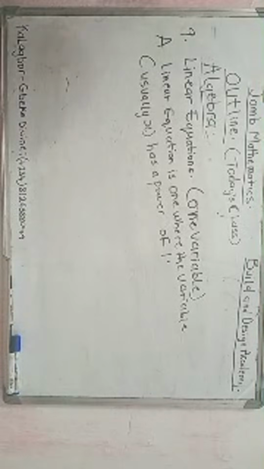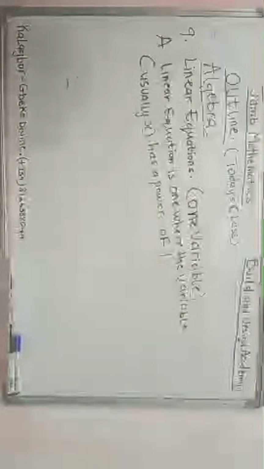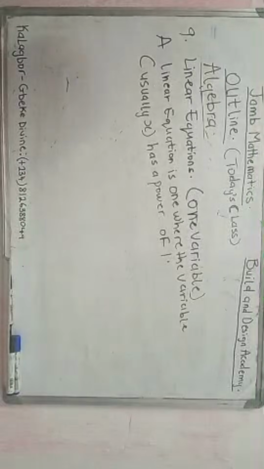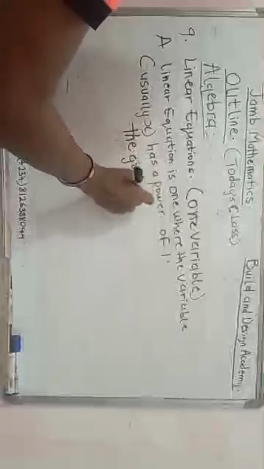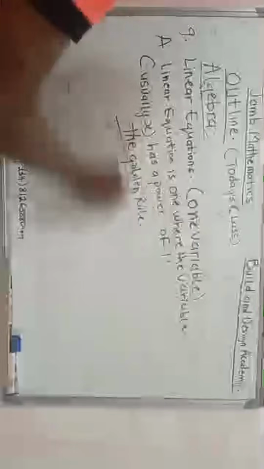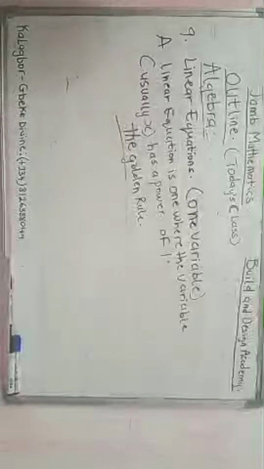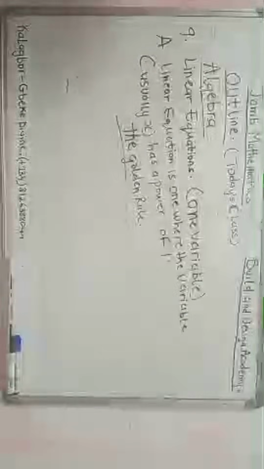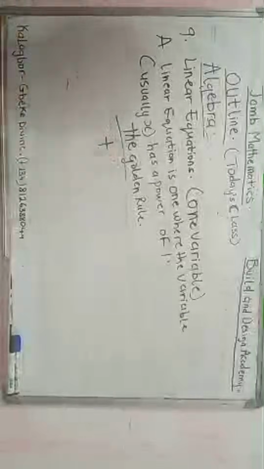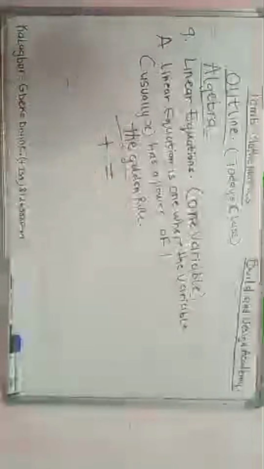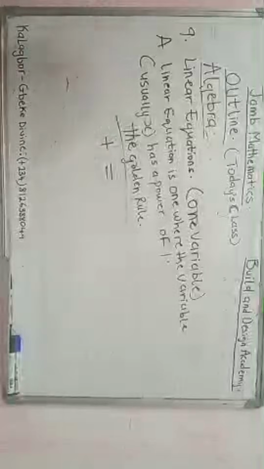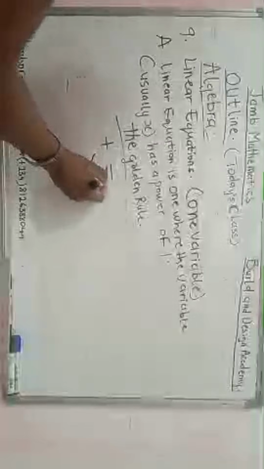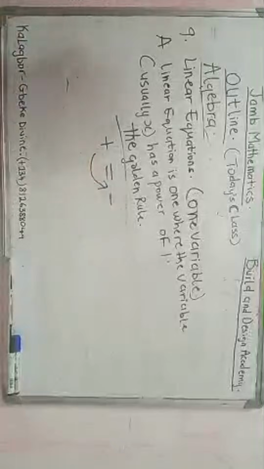Now, the golden rule. Take note. If we have a number on this part of the equation, and the number has an addition sign, if you take it to the other side, it becomes subtraction.